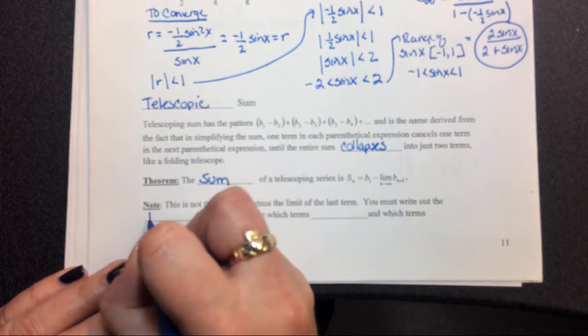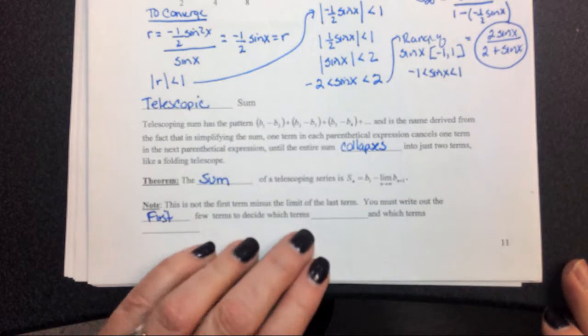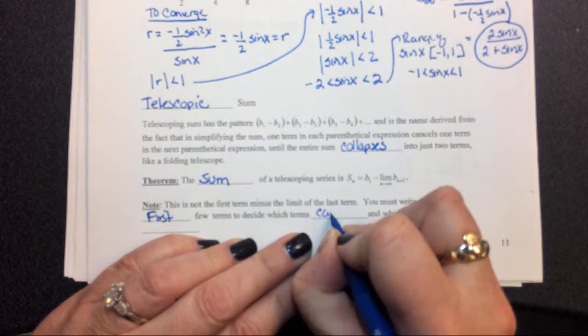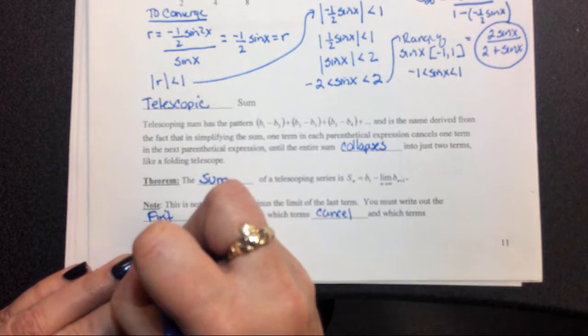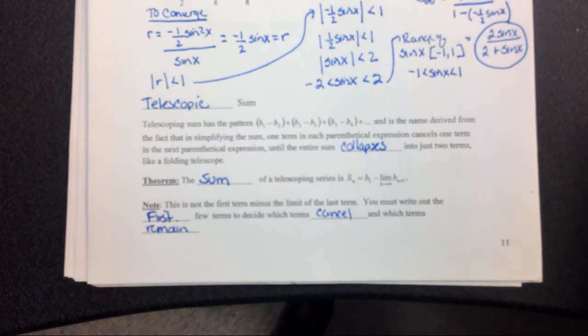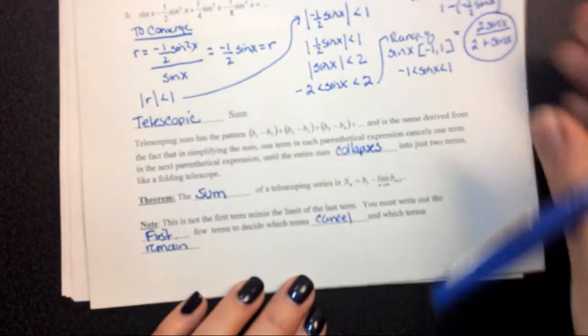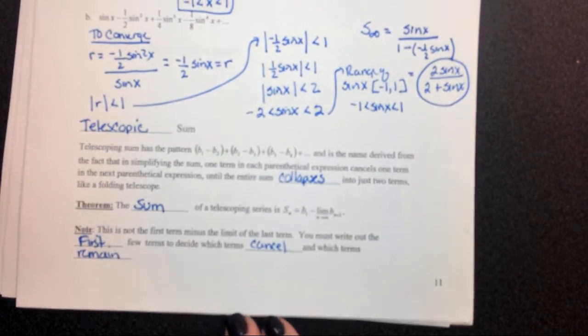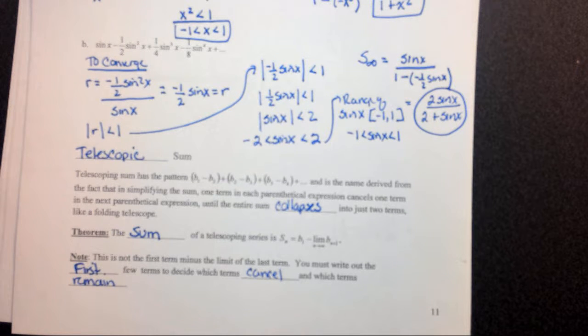You must write out the first few terms to decide which terms cancel and which terms remain. So don't assume it's always going to be the first term that remains in a telescoping series. That's why you have to write out the first couple terms to figure out which term is going to remain.